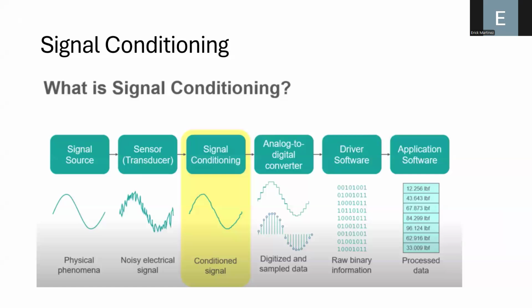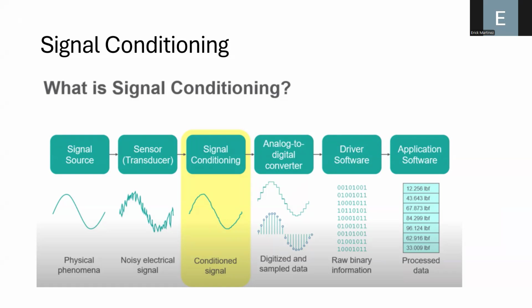But why do we need signal conditioning? Well, when you're acquiring data from a sensor, you are always susceptible to electromagnetic noise. Any sensor is susceptible to some interference, and we call that interference the noise or the electrical noise that is present in the data that we are collecting from the sensor.